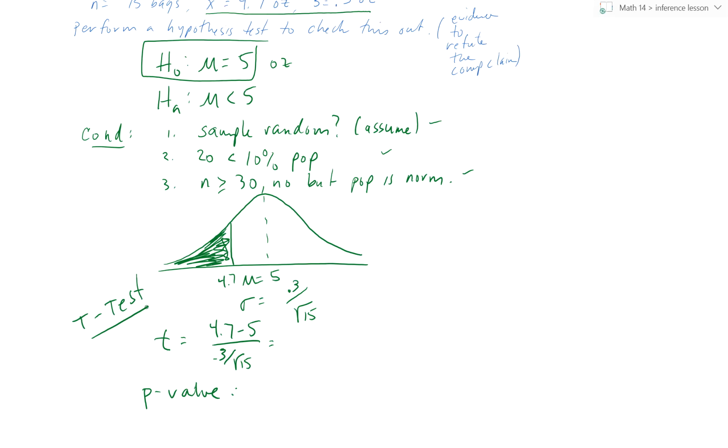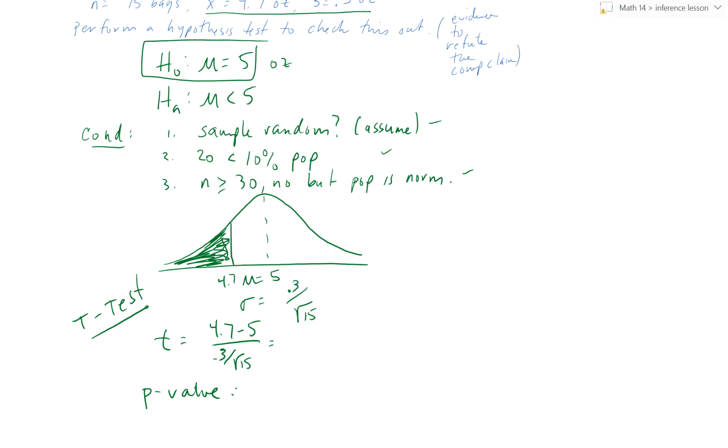So I'm going to go to my calculator and do stat test t-test. Mu 0 is 5. X bar is 4.7. Standard deviation is 0.3 divided by square root of 15.